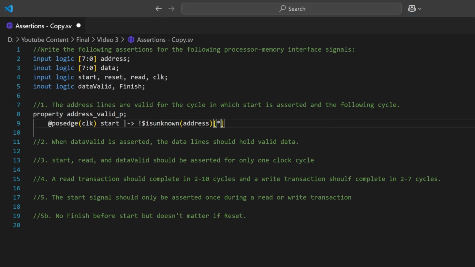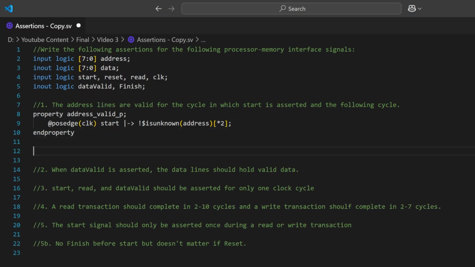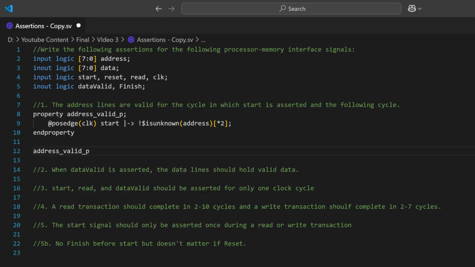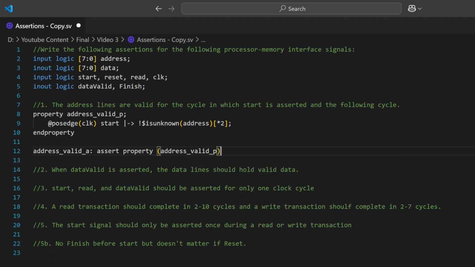So here's the consecutive repetition of 2. I will assert the property. So we are done with this property.